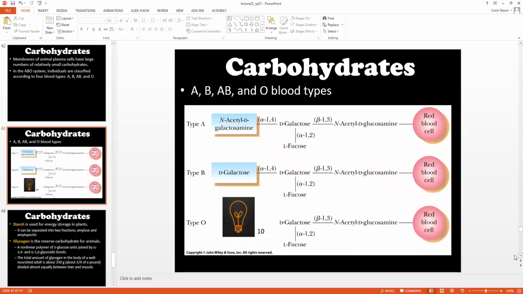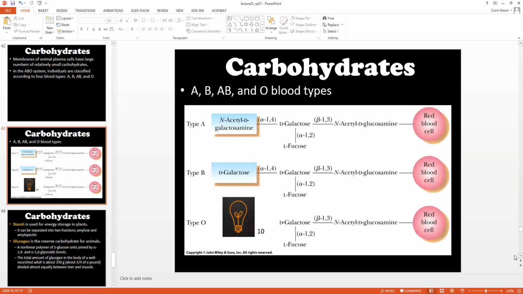If we think about what these blood types look like at a molecular level, we have our red blood cells. Connected to that red blood cell is N-acetyl D-glucosamine through a beta-1,3 glycosidic linkage to D-galactose, which is connected through an alpha-1,2 glycosidic linkage to L-fucose, which is also connected through an alpha-1,4 glycosidic linkage to N-acetyl D-galactosamine.